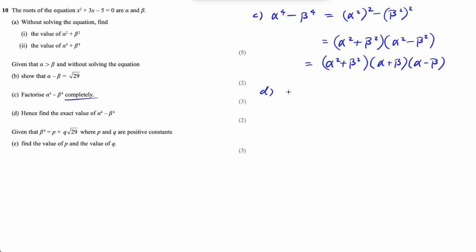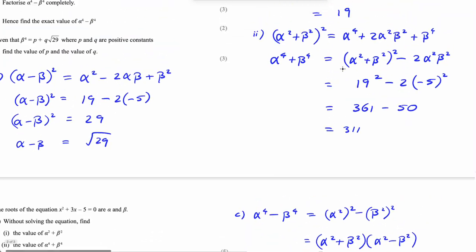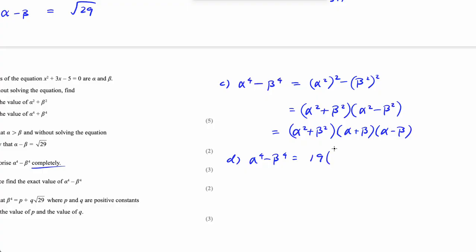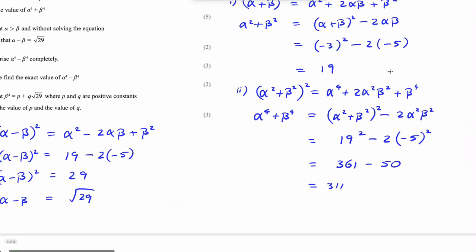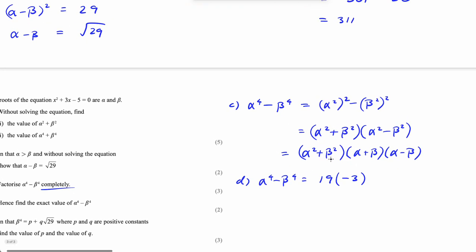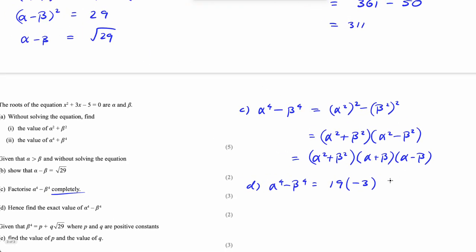Okay, so that means alpha to the 4 minus beta to the 4. So I think I have all these values. So alpha squared plus beta squared is 19. Alpha plus beta is negative 3. And alpha minus beta is root 29.